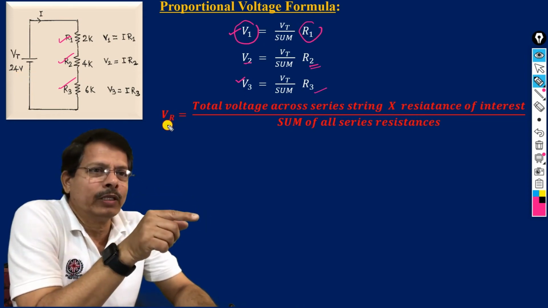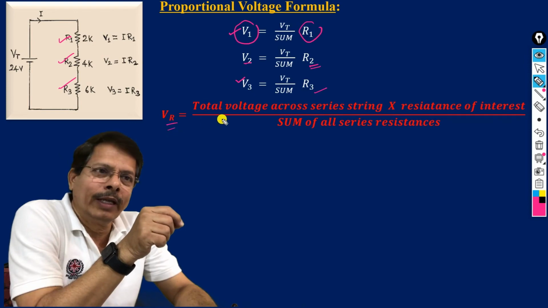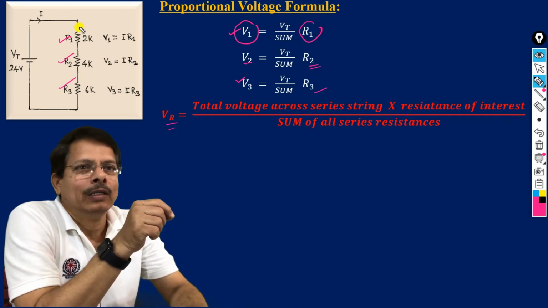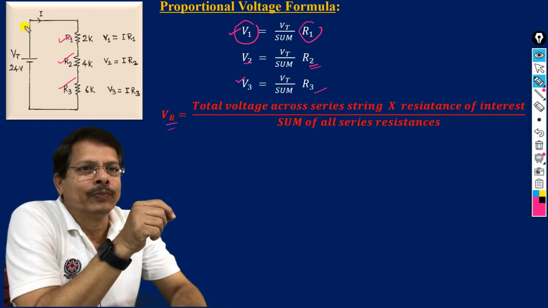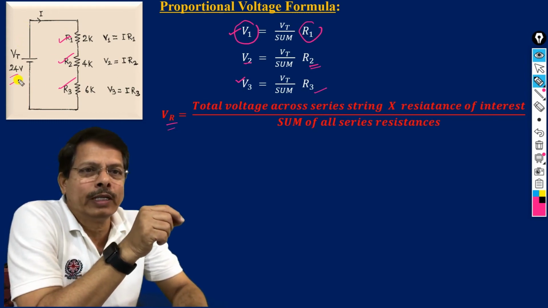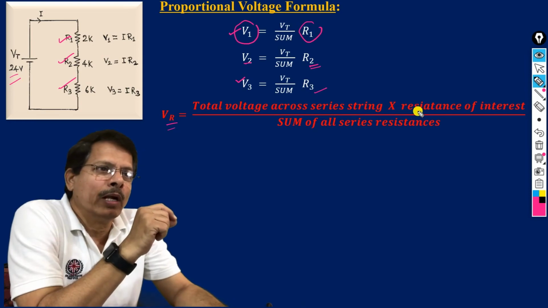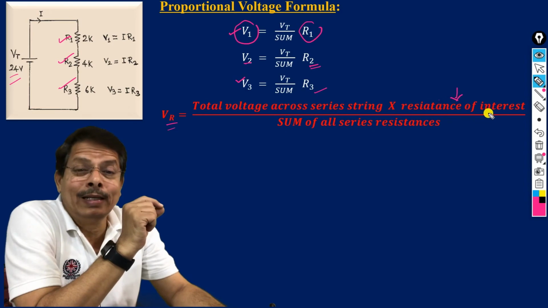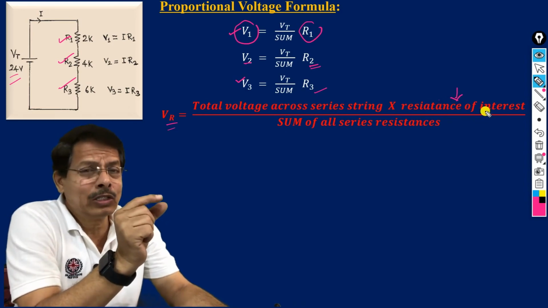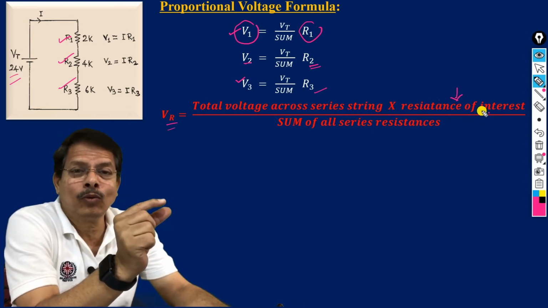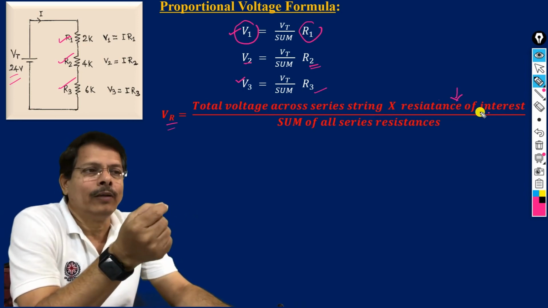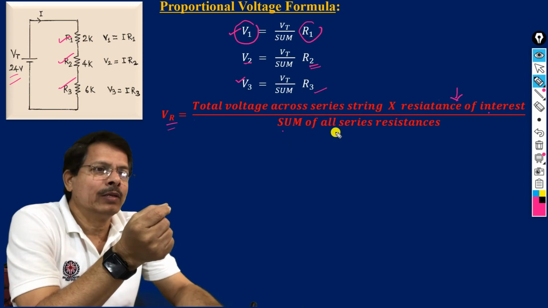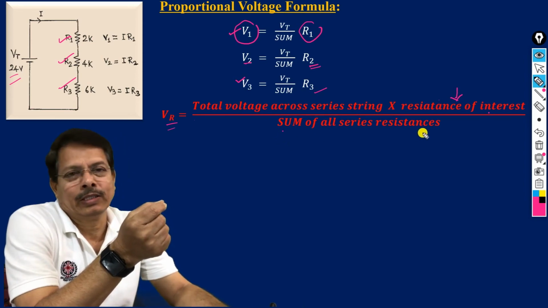The voltage across any particular resistor R can be expressed as the total voltage across the series string, that is 24 volt, multiplied by the resistance of interest, meaning the resistor across which you want the voltage, divided by the sum of all series resistances.